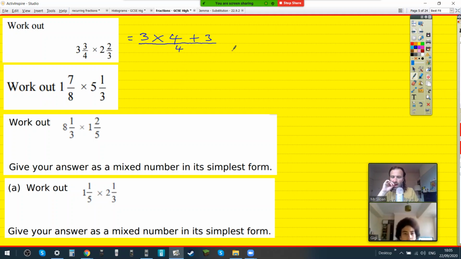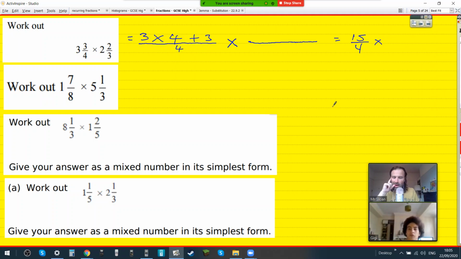So it'll be 19 over 4. No, not 19. Oh no, it'll be 15. Yeah.